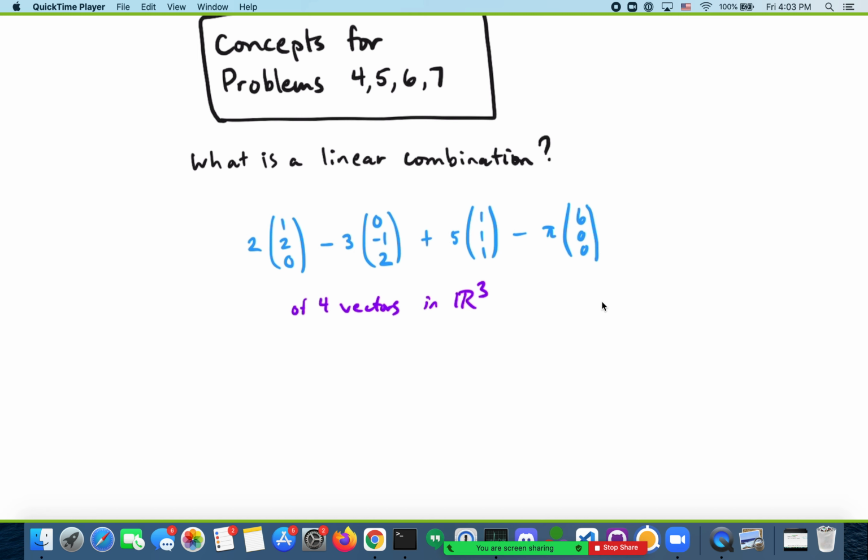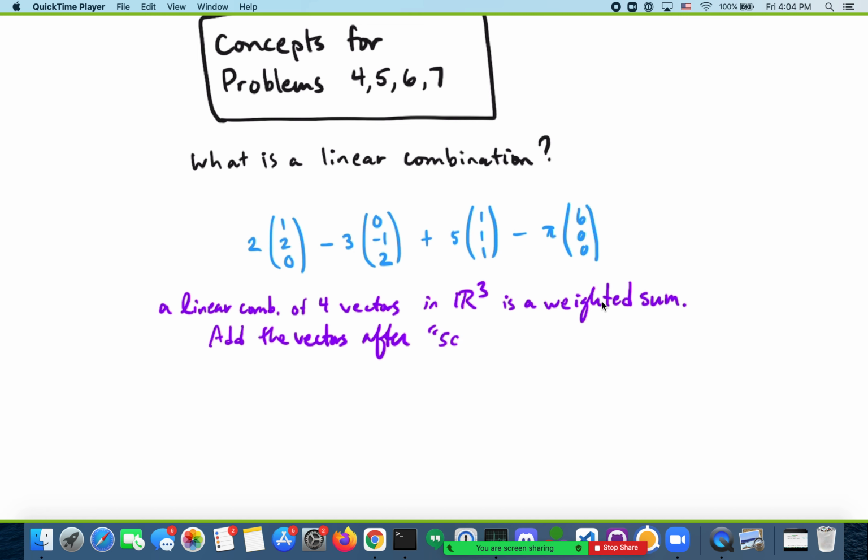So let's say a linear combination of 4 vectors in R3 is a weighted sum. You add the vectors after scaling them by real numbers.